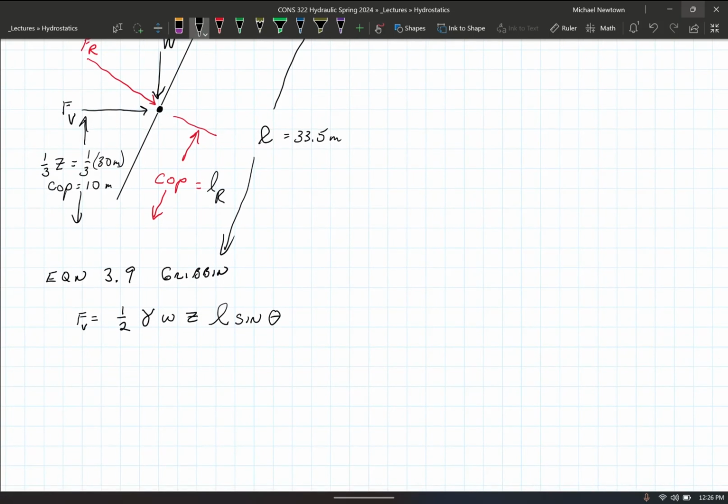Sorry, I missed labeling the one we're looking for. Okay, fine, do it this way. 9.81 kilonewtons per meter cubed. I took everything and divided it by 2 after I did the half, and that's not me usually. Just had a bad day.